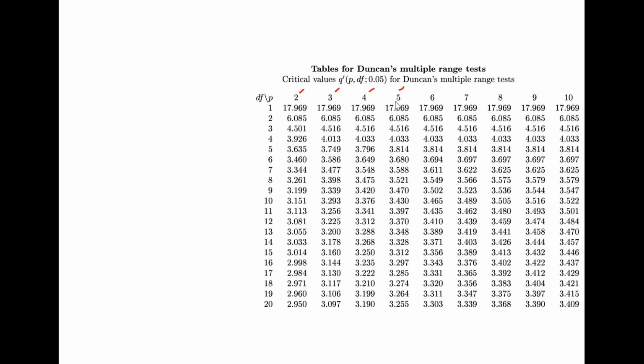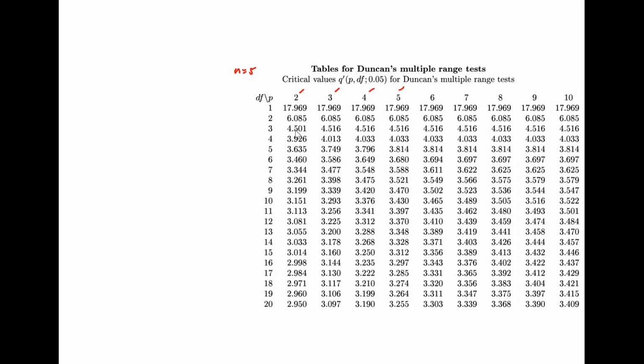Since we have n equal to 5 here, so up to 5. We'll start with 2, since we are comparing 1 to 2 to 3 to 4 to 5. Duncan's multiple range test will always start with 2, and then it will depend on the number of n.